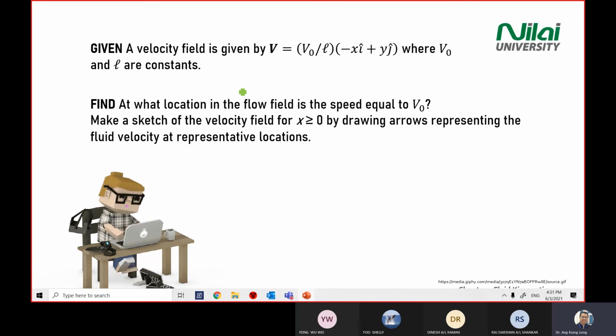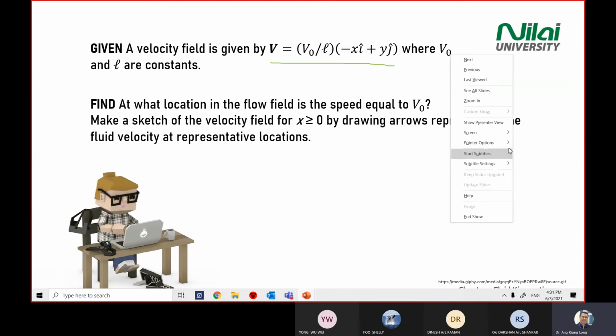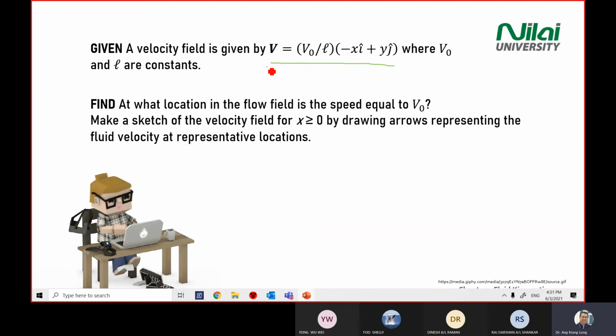So you're given a velocity field with the equation, and let me change my pen color, V equal to V0 divided by L, times minus x i plus y j, where V0 and L are constants. So this is an application of what you learned so far.